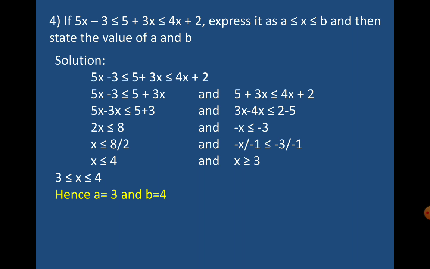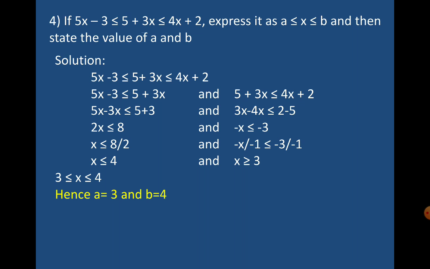That means they ask us to find the x value. After that we have to state the value of a and b. They have given the procedure, that means the form is like this. So after that we have to represent the a value and b value.